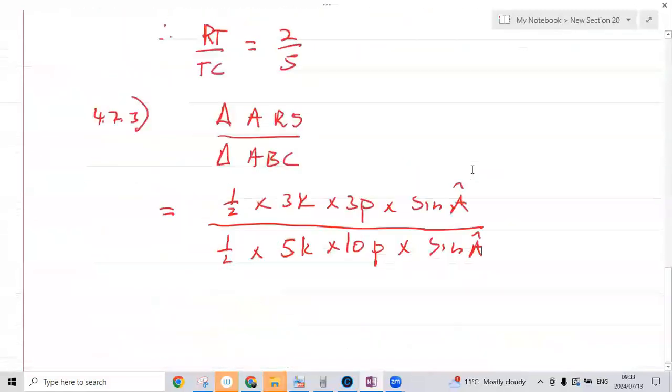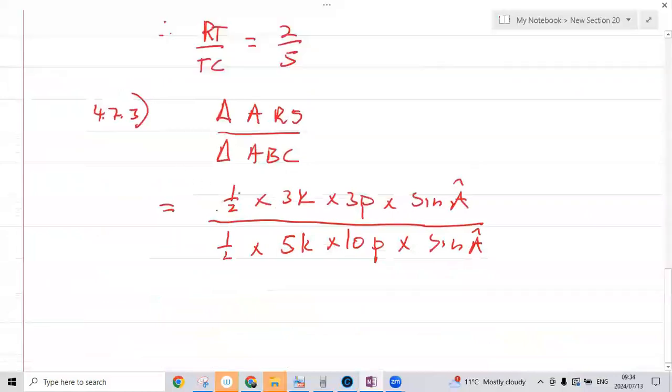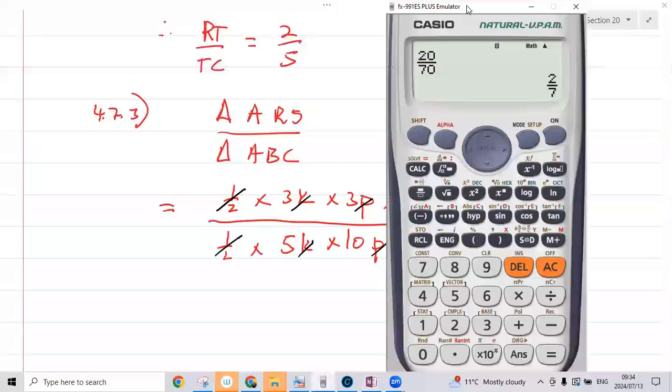So now what can we do? Let's cancel off all our variables which are the same. We can cancel the half and the half, sine A with sine A, K with K, and P with P. Now all we're left with are our numbers, which we simply put in our calculator.